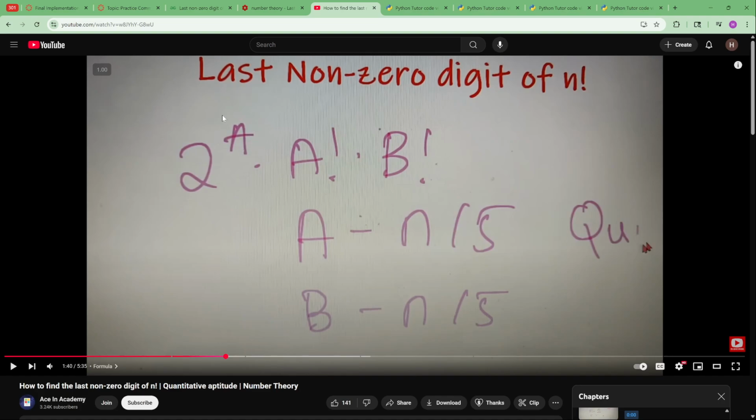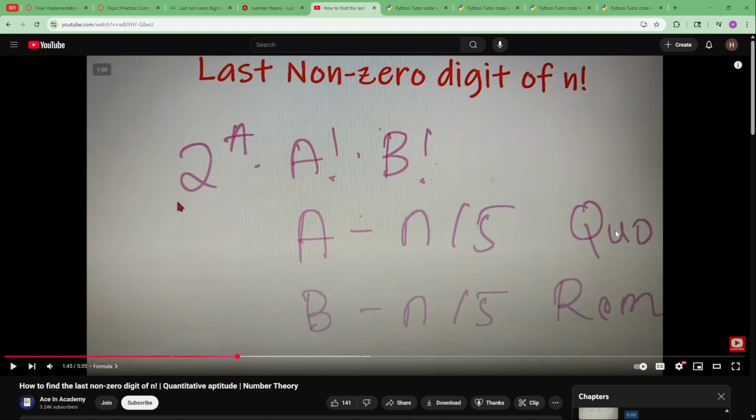Because of that, we're only multiplying single digits together, which keeps it very small. And a is going to be an integer division of n by 5, while b, unfortunately they didn't write the modulo sign, is supposed to be the remainder of n modulo 5.